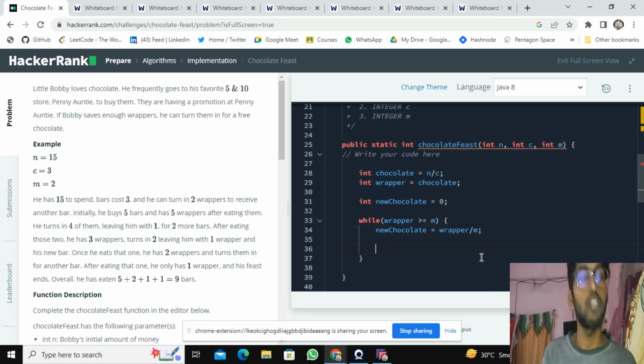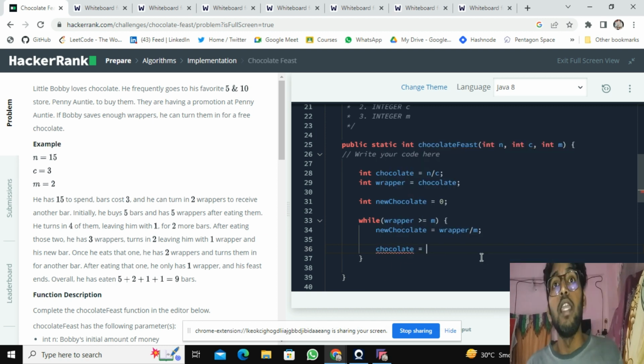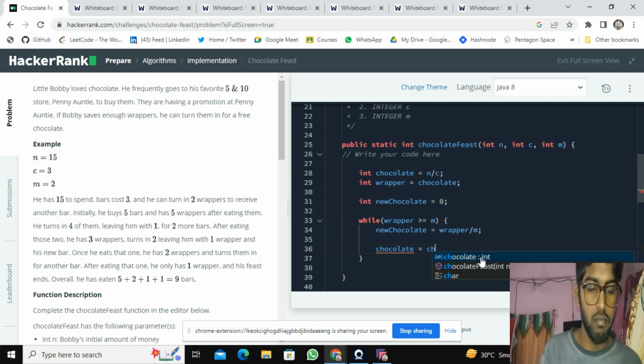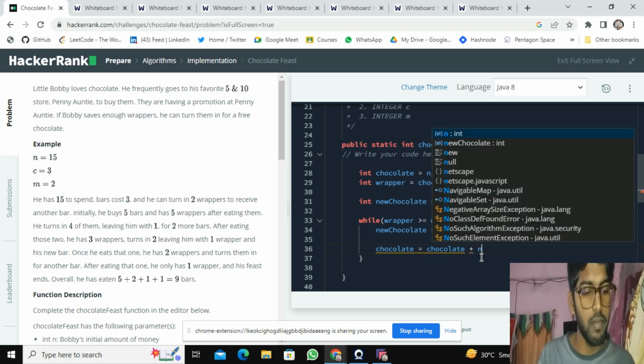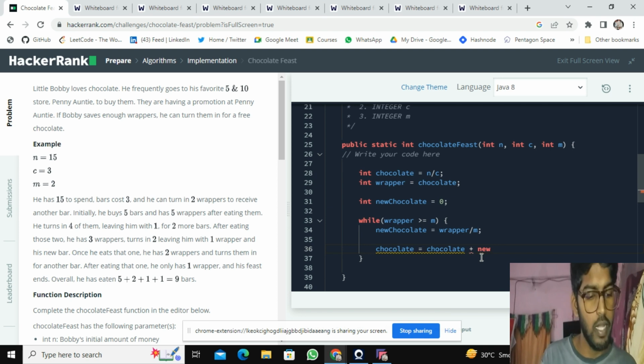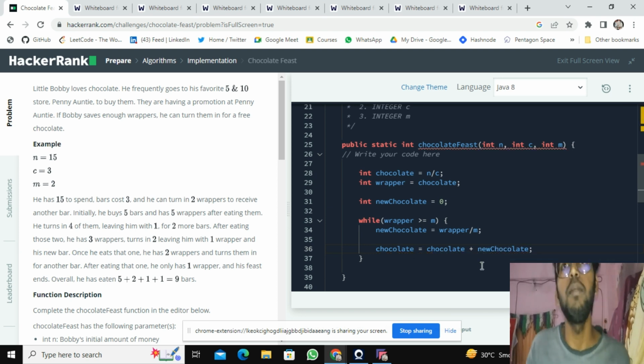Now how many chocolates do I have in total? Initially I have chocolate, plus the new chocolates I get, which I'll add here. Simple.